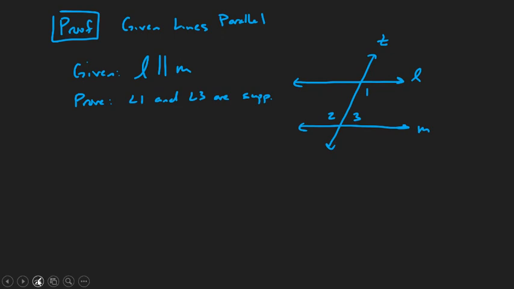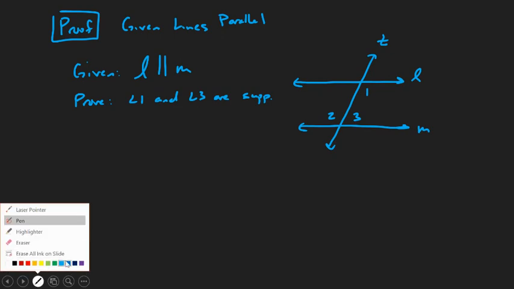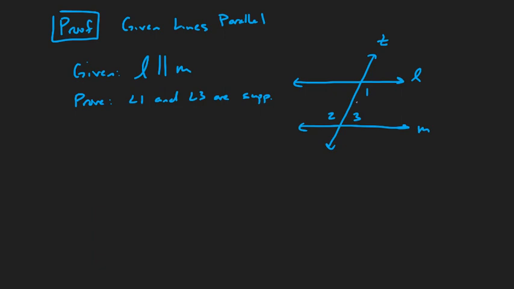Well, you might say to yourself, well, Mr. Chappell, duh, they're supplementary, because if the lines are parallel, those are same side interior angles, so they're going to be supplementary. So we're not going to use that. Don't use same side interior. I will try to hint that on the proofs so you know what not to do. Because if we just used that, it'd be a one-step proof. We wouldn't need angle 2. But everything else is fair game.